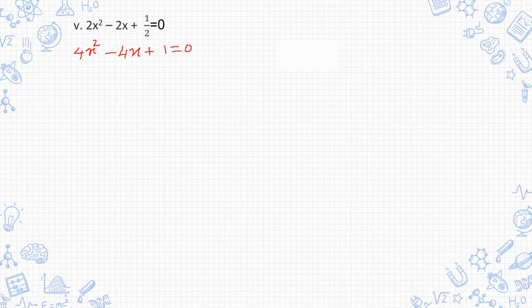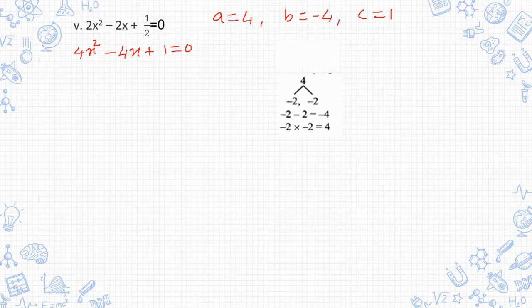Now if we compare this with the general form, we'll have a as 4, b as minus 4, and c as 1. Now we have to split the middle term. So a into c, if you do, a is 4, c is 1.